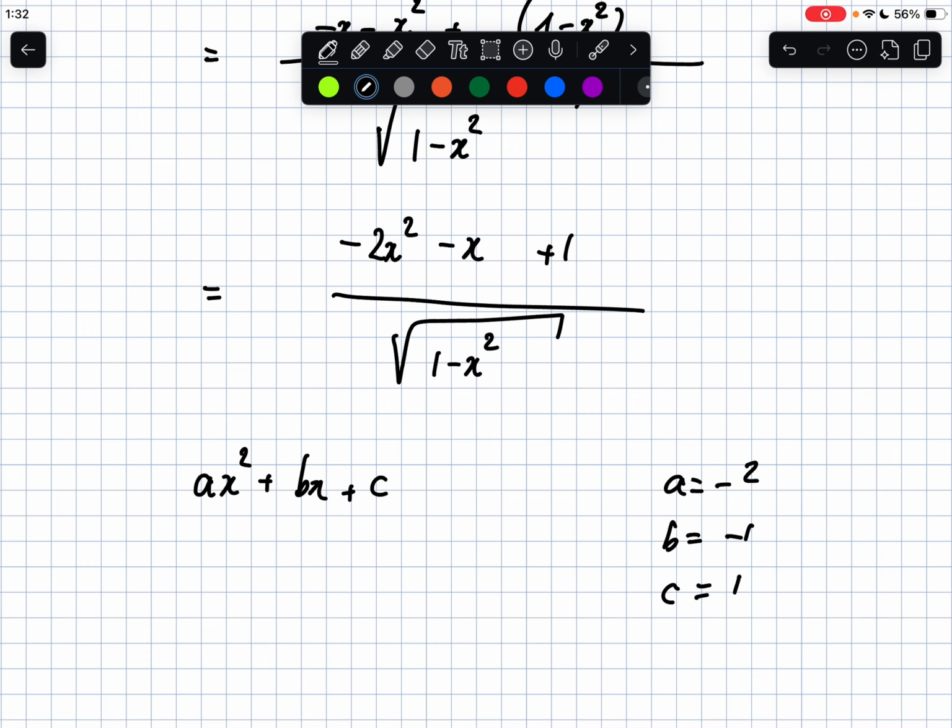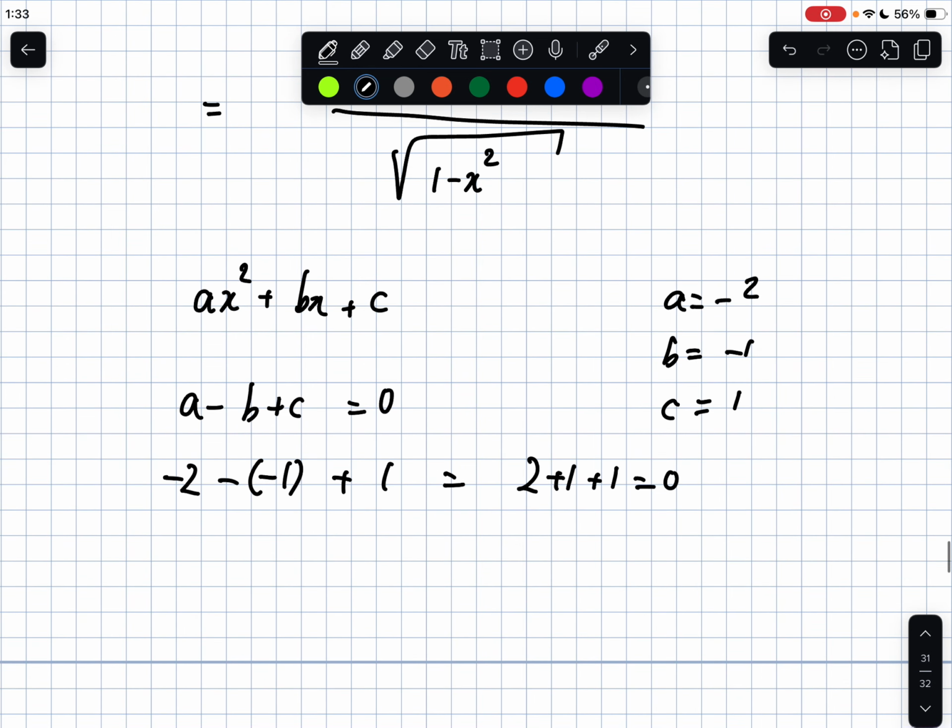If I have a minus b plus c equals 0, in our case minus 2 plus 1 plus 1, which is 0. So here's the trick: if we have this case, then we know that x equal to minus 1 is a root.